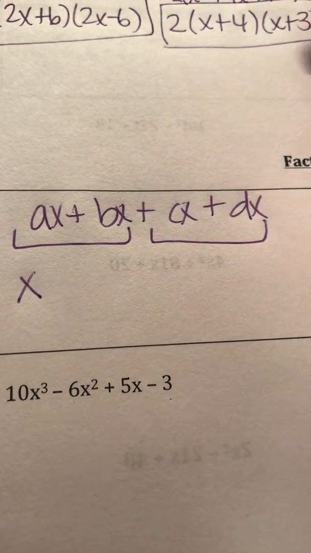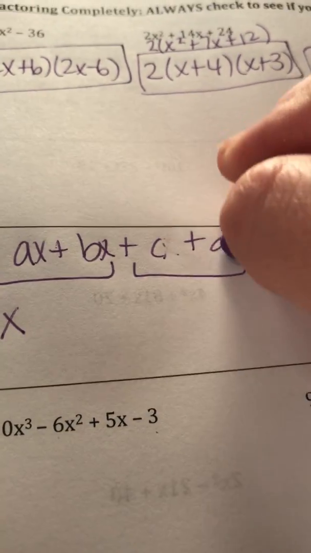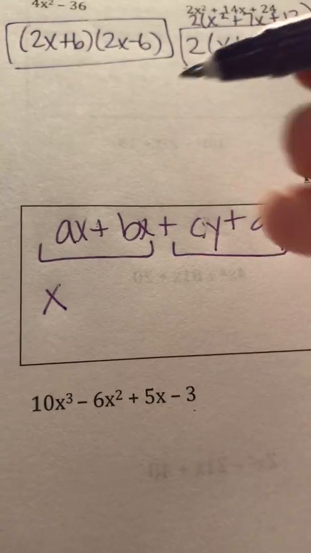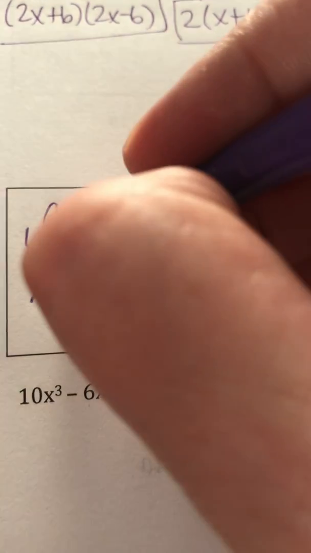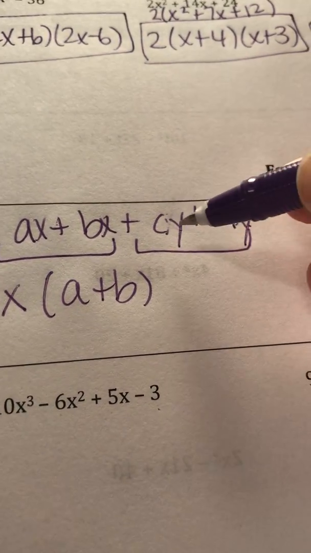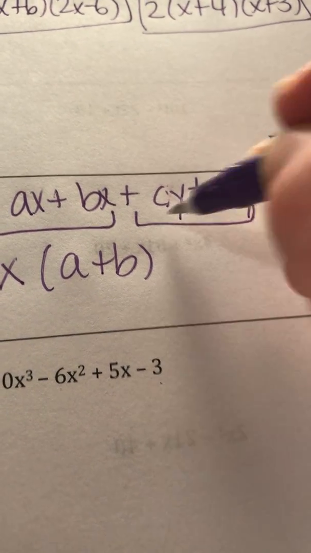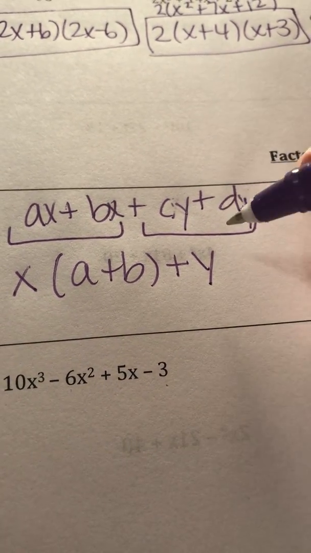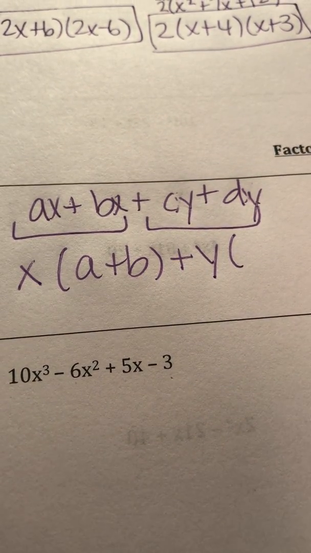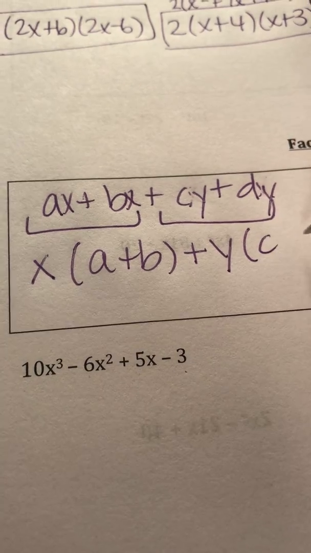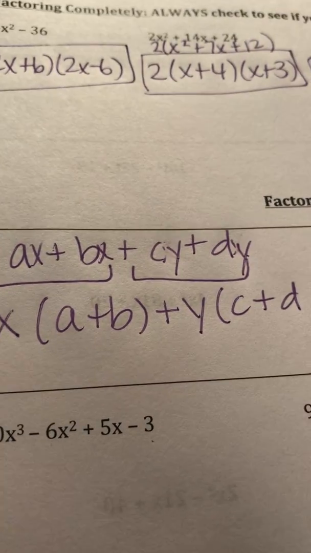So I'm going to change this one right here, so it makes a little bit more sense as we're working. Okay, so I factored out my greatest common factor of X, and I have left A plus B. Now I look over here at my second group. I want to find the greatest common factor here. Okay, that's plus Y. And what we have left is C plus D.